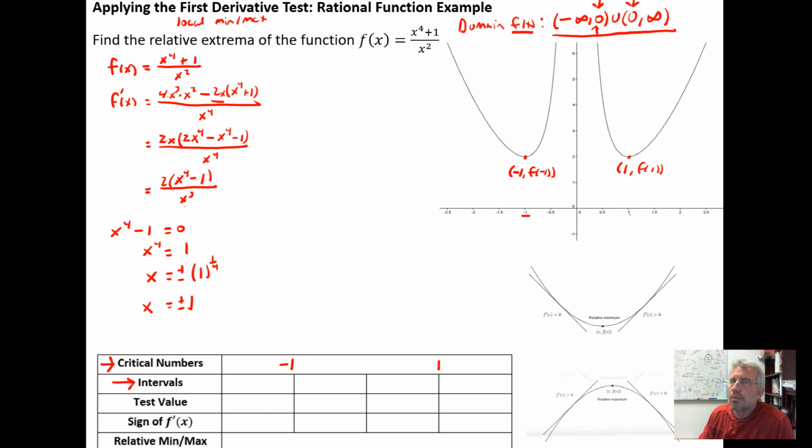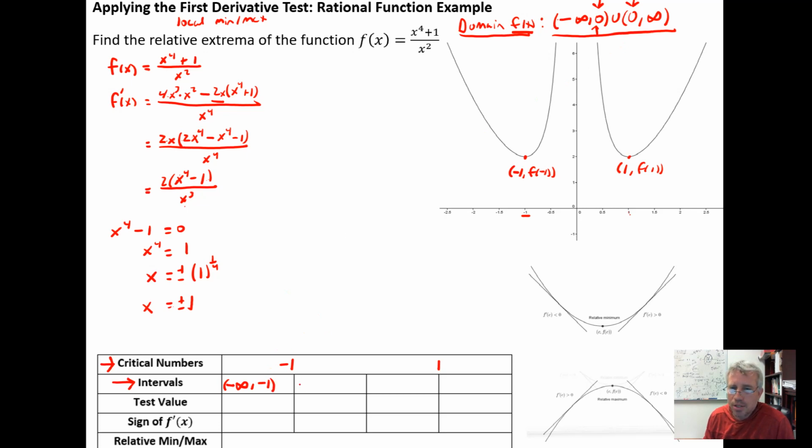So starting with the domain of my function, I see that it goes from -infinity to 0. So I'm going to run from -infinity to my first critical number, -1, which occurs before 0. So my first test interval is from -infinity to -1.